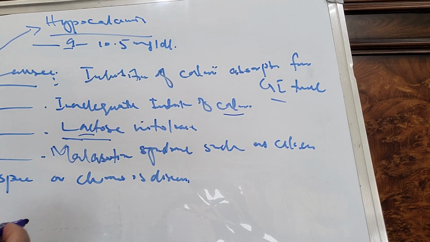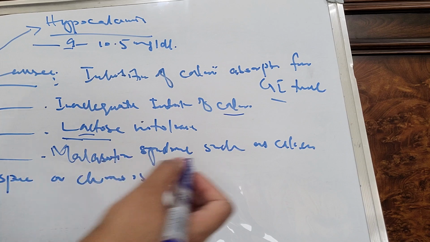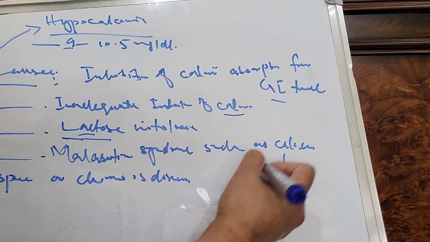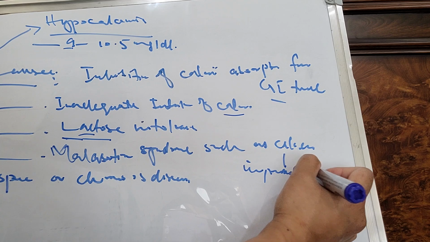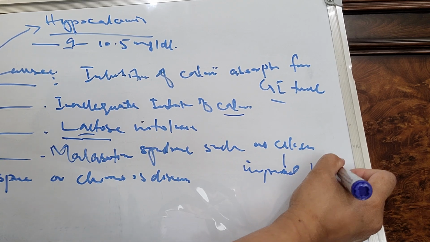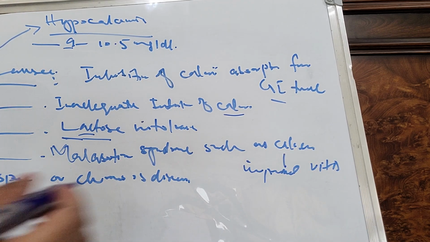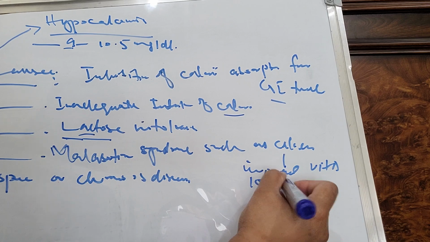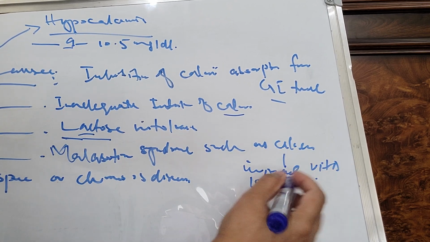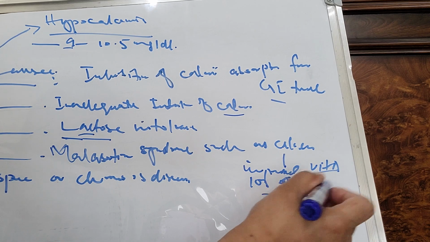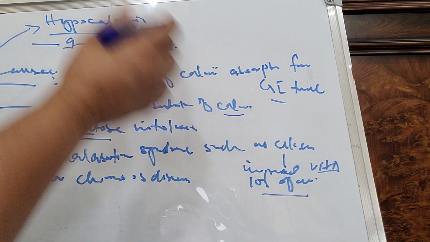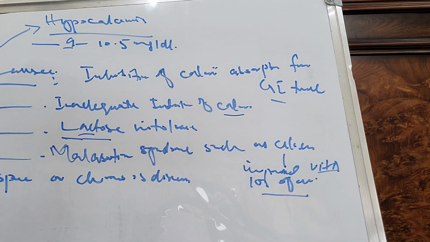In celiac disease, the patient has impaired absorption of vitamin D and loss of calcium. So that condition also can cause hypocalcemia.